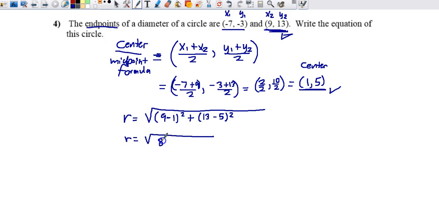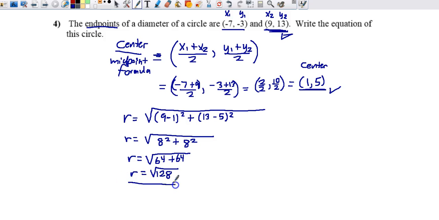That's 8 squared plus 13 minus 5 is 8. So another 8 squared. 8 squared is 64. And 64 plus itself is going to be 128.